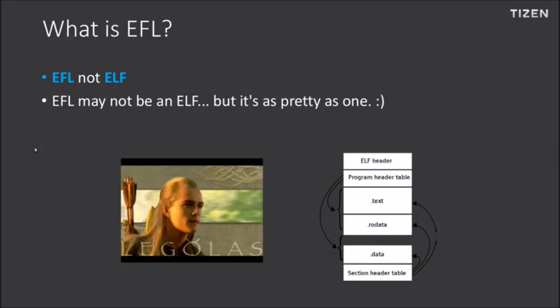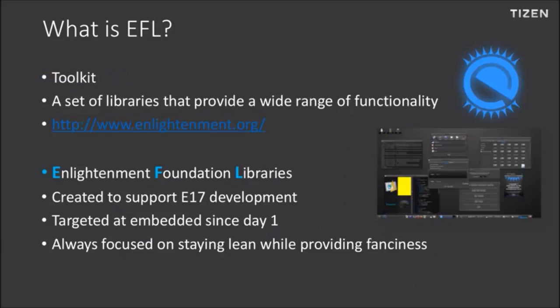And during this webinar, I have mentioned that you will use EFL Toolkit for Tizen native applications UI. So what is EFL? First of all, it is EFL. EFL is a toolkit.